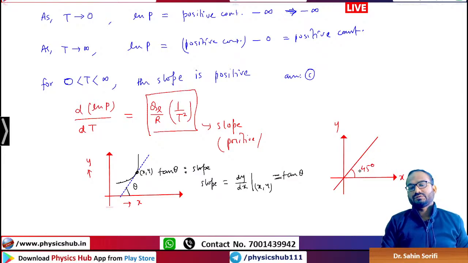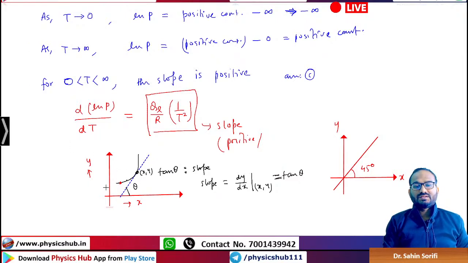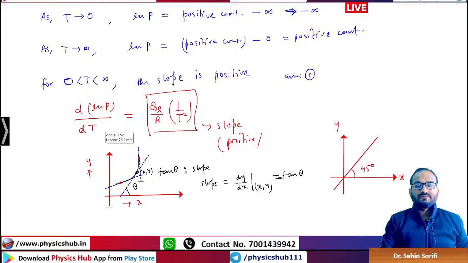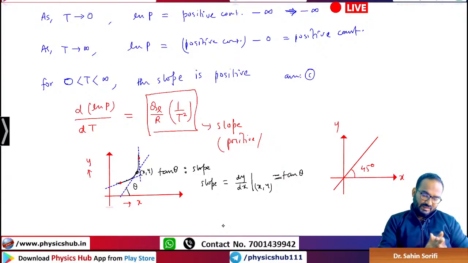So the slope is constant. But for a curve like this, if you draw a tangent here, you will get a tangent like this, and at this point, like this. So the angle will change, and as a result, the slope will change. I think now everything is clear. Tell me, guys.